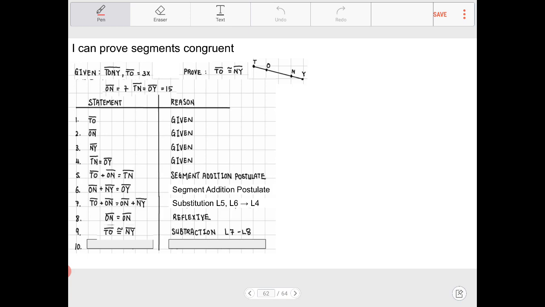Again, line 9 should have said TO is equal to NY, but like I said before, we're not going to make a distinction between equality and congruence. We're going to treat them as synonyms for this course. So the final conclusion, again, TO is congruent to NY, which was what we were trying to prove.